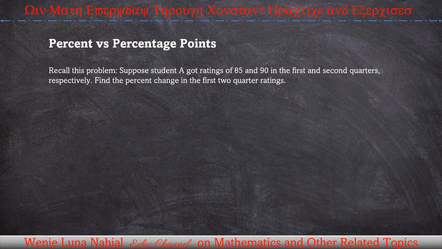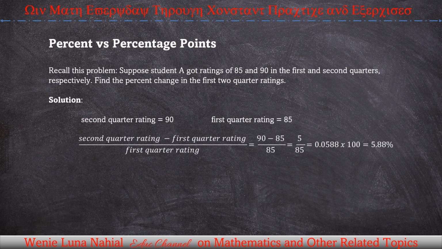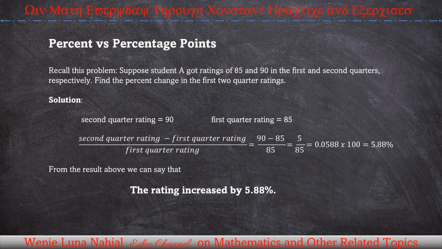Find the percent change in the first two quarter ratings. So what we got is 5.88%. So from the result above, we can say that the rating increased by 5.88% or the rating increased by 5.88 percentage points. So either of the two is correct.